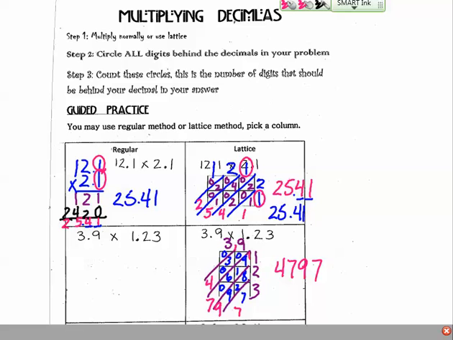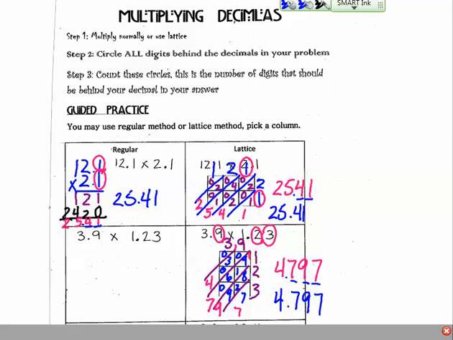I circle what's behind the decimal. That's 3 circles, so that means that there are 3 digits. So I count from the back, 1, 2, 3, and put my decimal. So my answer is 4.797.